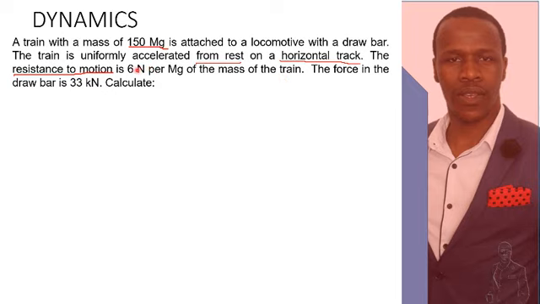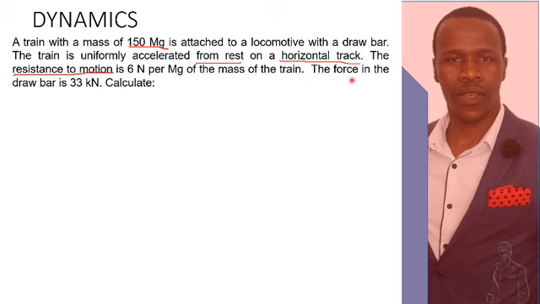We'll say 6 Newton per megagram times 150 megagrams, so that the megagram and the megagram will cancel out, and then we'll be left with only Newton, because remember, resistance to motion is Fr, and Fr is a force. Forces are measured in newtons only, not in newtons per megagram. So that is what we have learned so far.